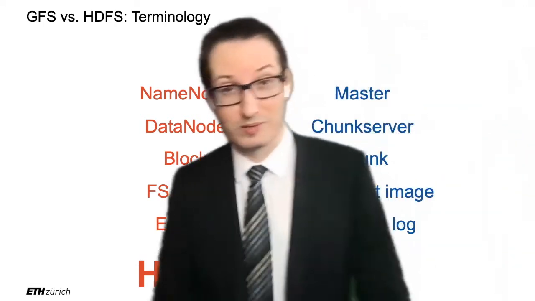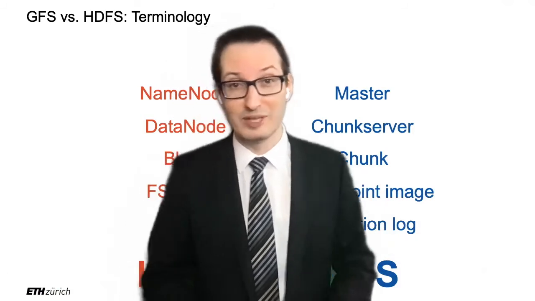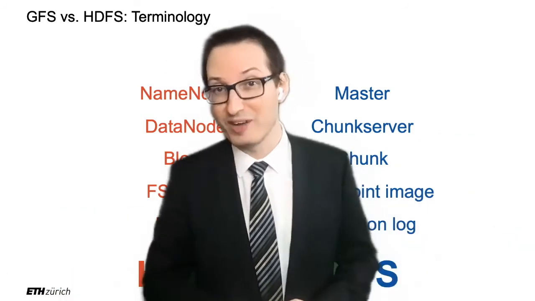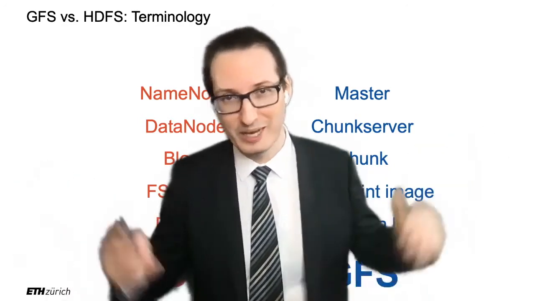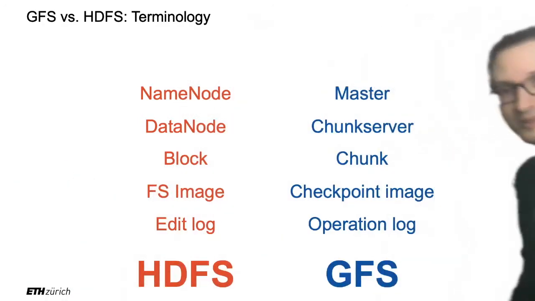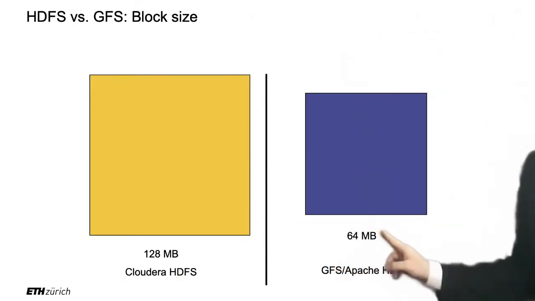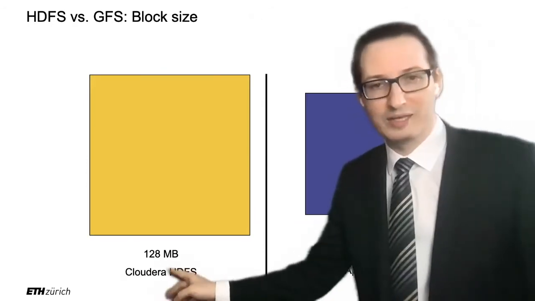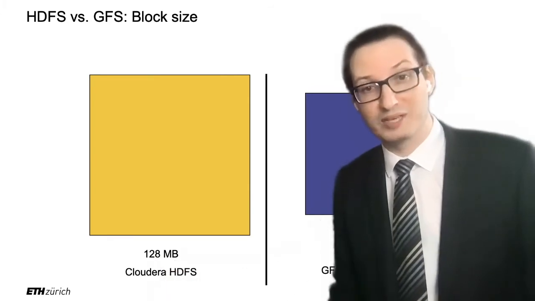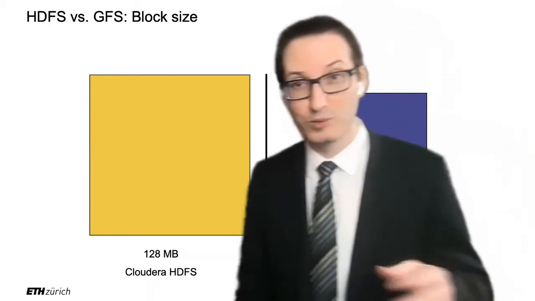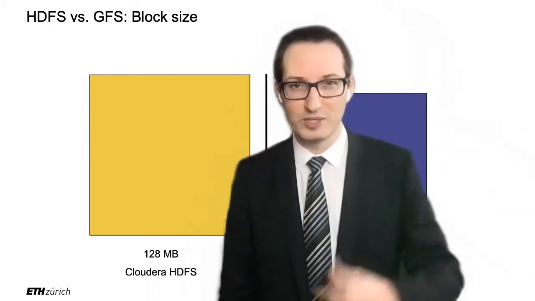But these are just words. This is just a matter of naming things. You just need to be aware that the names can vary from technology to technology, but the ideas are always the same. The block sizes also might vary. I think in GFS, it's 64 megabytes. In Cloudera, it's 128. What is Cloudera? It's just like the versions of Linux. There is Ubuntu, there is Debian, and so on.